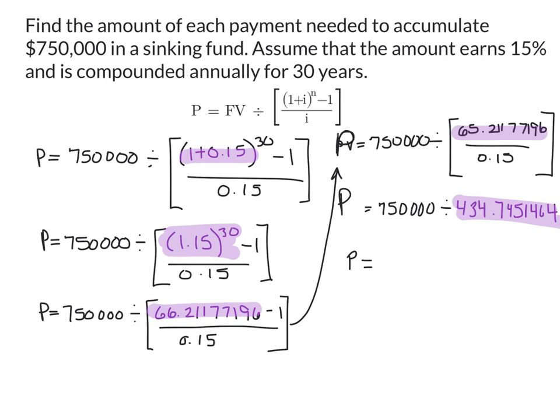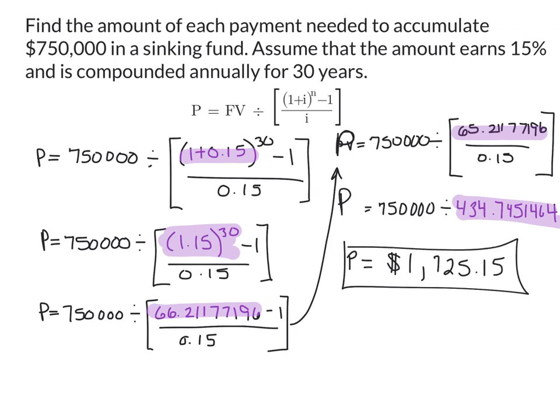So our payment, when we divide those two numbers, is $1,725.15. So if we deposit that into an account that earns 15% compounded annually for 30 years, then we should get $750,000 after 30 years.